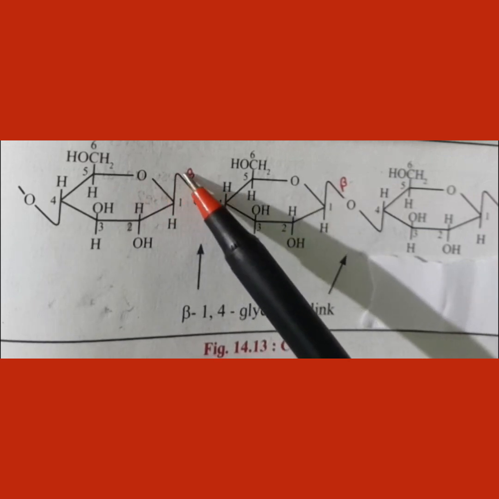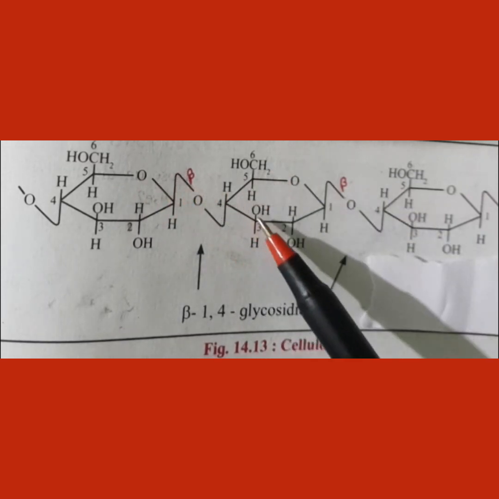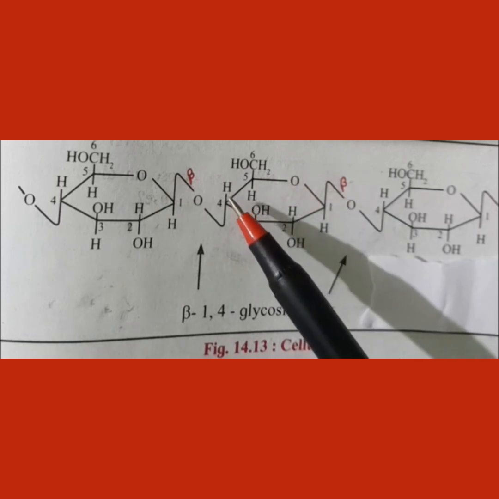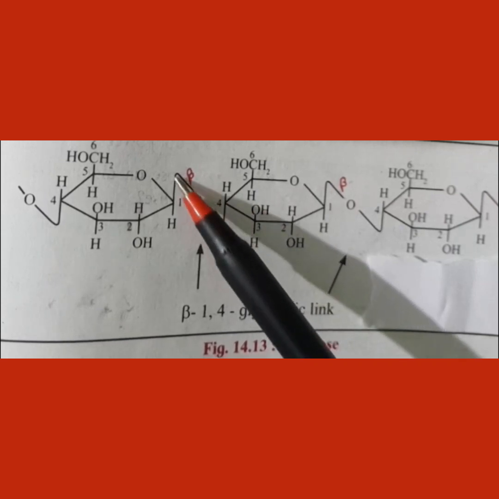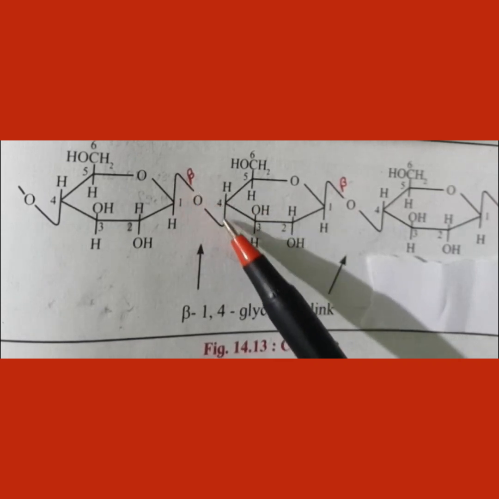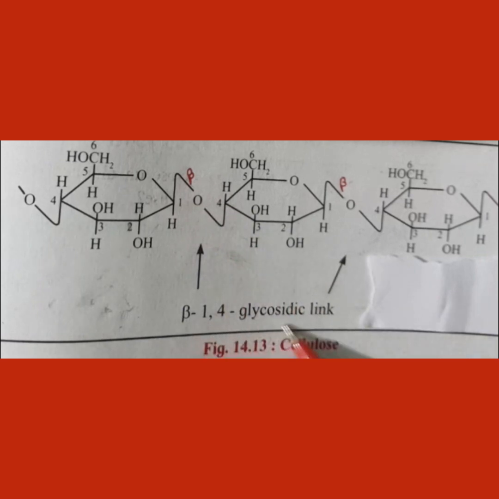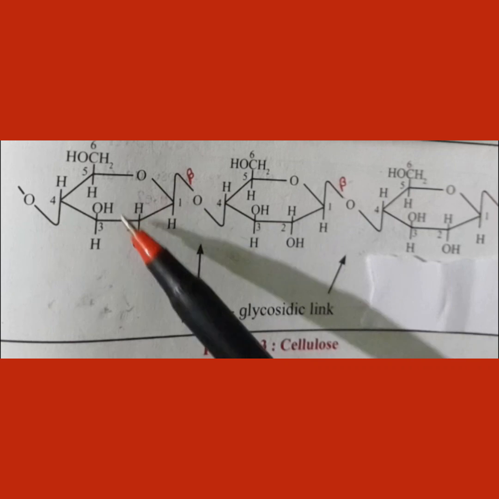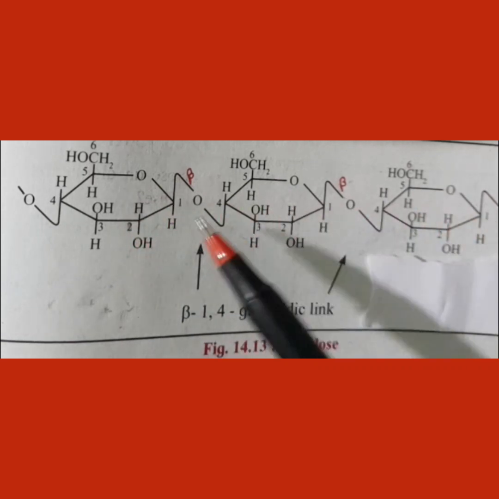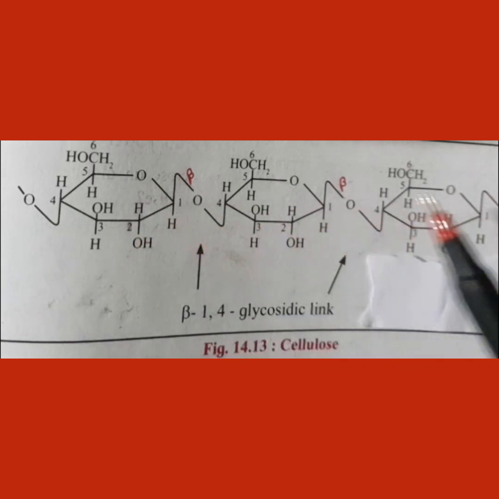Now this beta hydroxy is linked with another glucose molecule, with the fourth carbon. The hydroxy of the fourth carbon is linked with that. So we call this a beta glycosidic linkage. It's a polymer, 1 unit, 2 units, 3 units, and multiple units linked like that. This polymer that we get is known as cellulose.